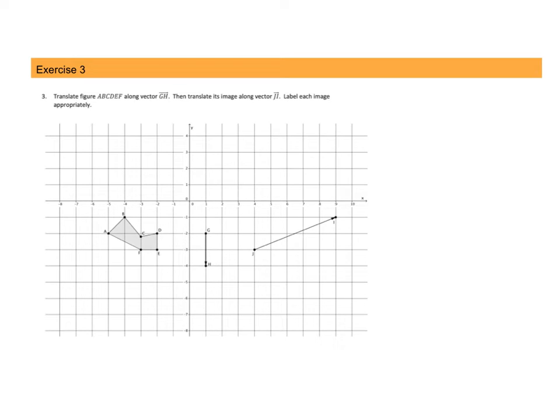All right, you're now coming back to check your work. So we are translating along vector GH to begin with, which means we're just moving down 2. To go from G to H, we just move down 2. So I'm going to do that for each of these points and label them appropriately. There's my A prime, down 2, there's my B prime, down 2, there's my C prime, and so on and so forth.